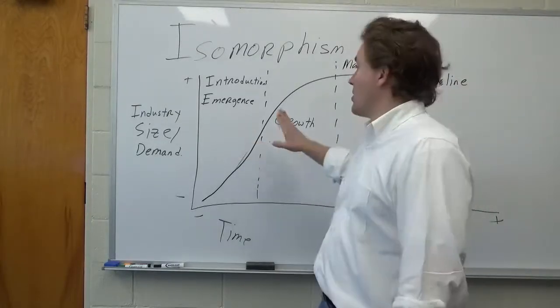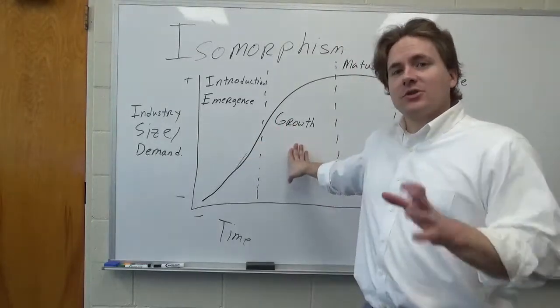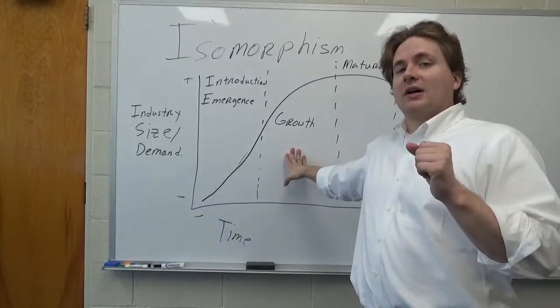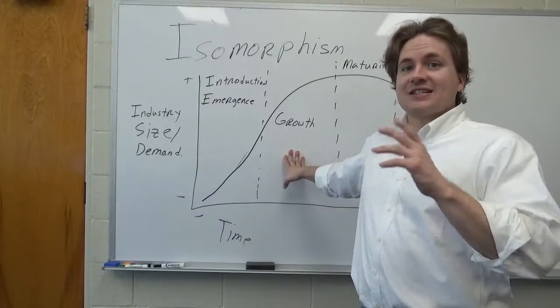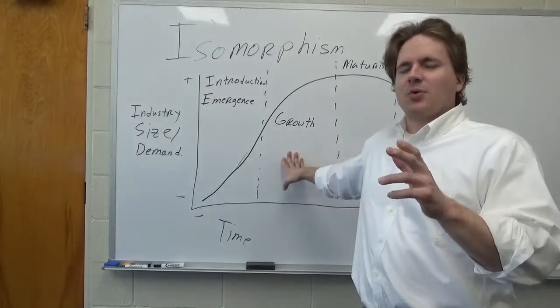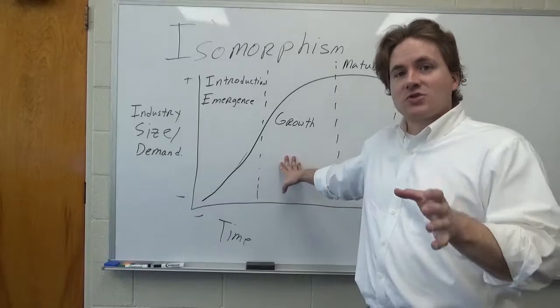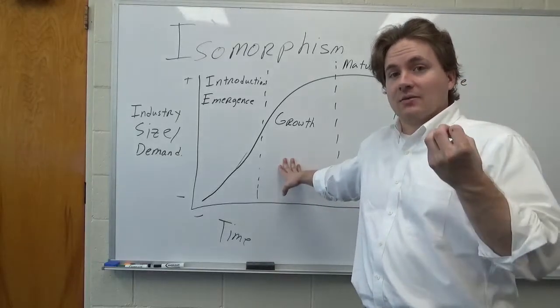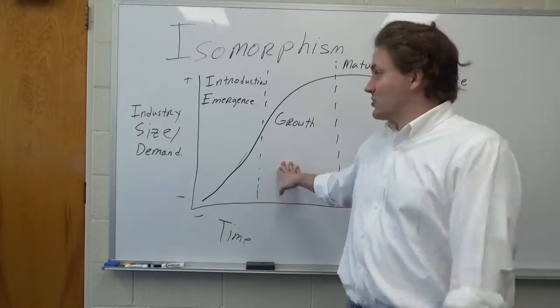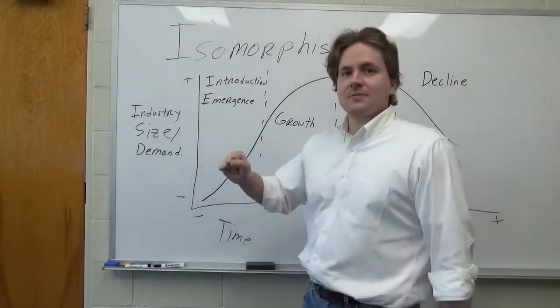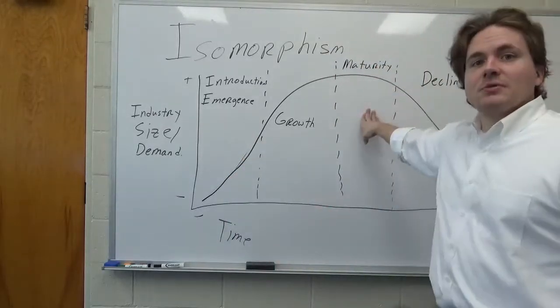At this point, you're going to start seeing a lot of competitors getting out of the industry, a lot of less efficient or less legitimate products and services exiting the market. Demand is growing because it's seen as a more legitimate product or industry than it was in the introduction phase.